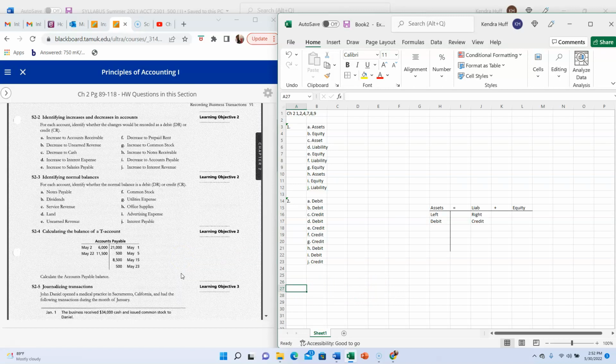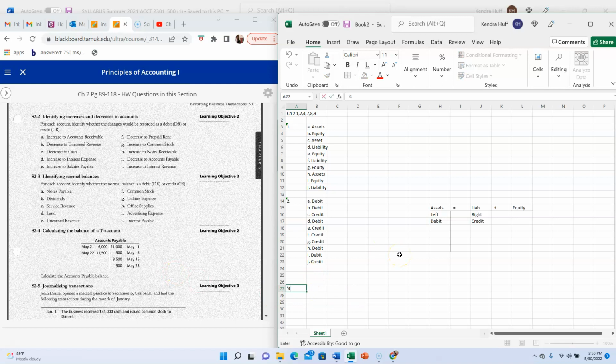All right, then number 4, balance of a T account. So here's a T account that I mentioned a minute ago. All right, so this is an accounts payable. And I'm just going to recreate the T account here. Damn it, that's not where I wanted that line to go.